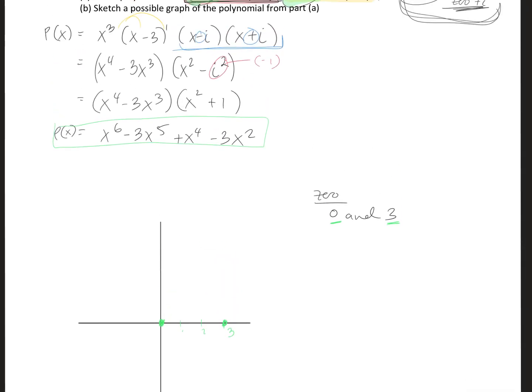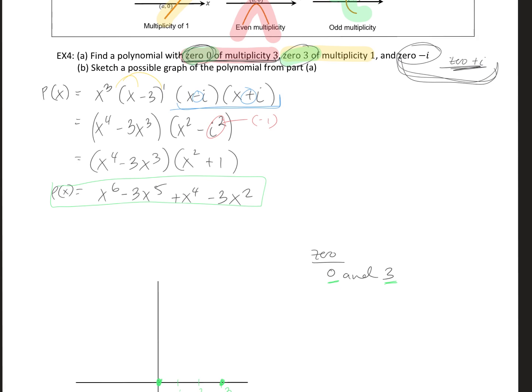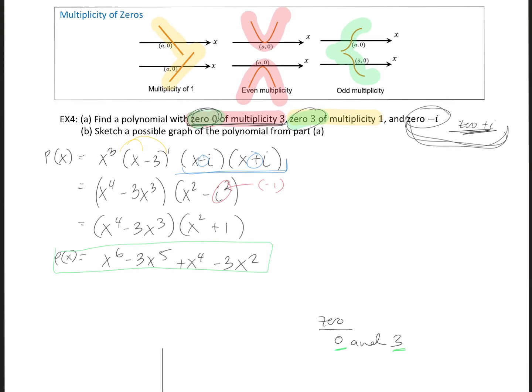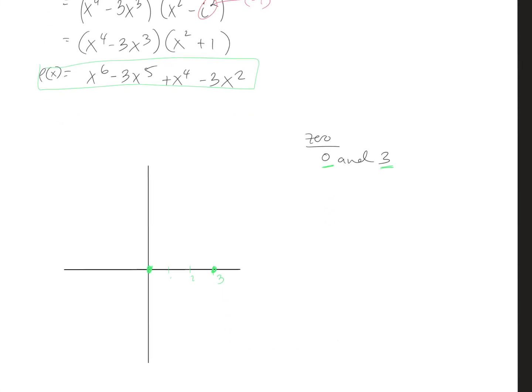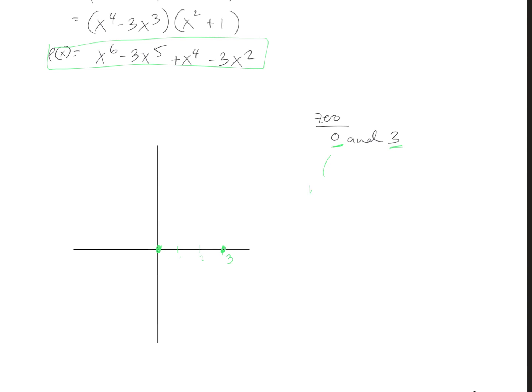Now let's take a look at the multiplicity. If there's a multiplicity of 1, it's just going to cross through. Even multiplicity, again, it bounces. An odd multiplicity, it curves. So 0 had a multiplicity of 3, which means we're going to be curving for 0. But which way? Let's see.